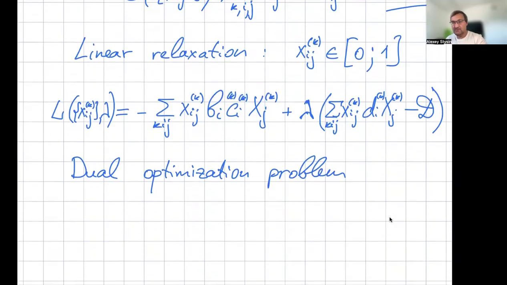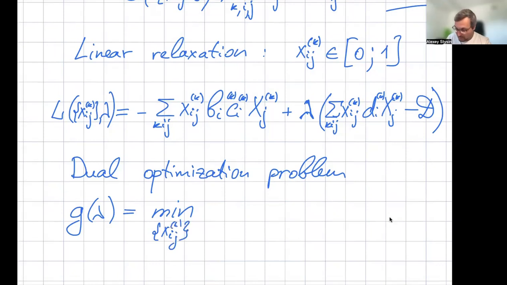So the dual optimization problem for inequality constraint is derived from the Lagrangian by taking an unconstrained minimum. So we will denote this dual objective as g of lambda. And it's going to be the minimum over x_ij of the Lagrangian.